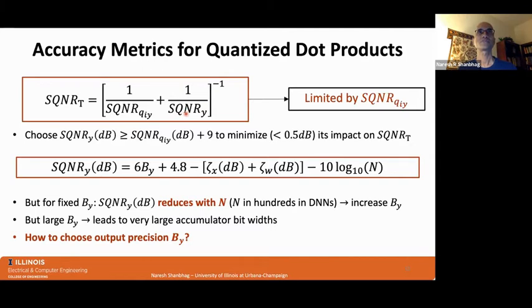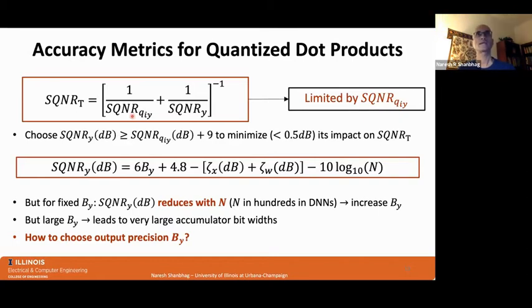If it is sufficiently large compared to the input reflected quantization noise, then the total SQNR is limited by only the first term, the SQNR QIY, right? The input quantization limits everything else. So for example, I might choose SQNR-Y, the second term here, to be 9 dB greater than the input reflected noise.